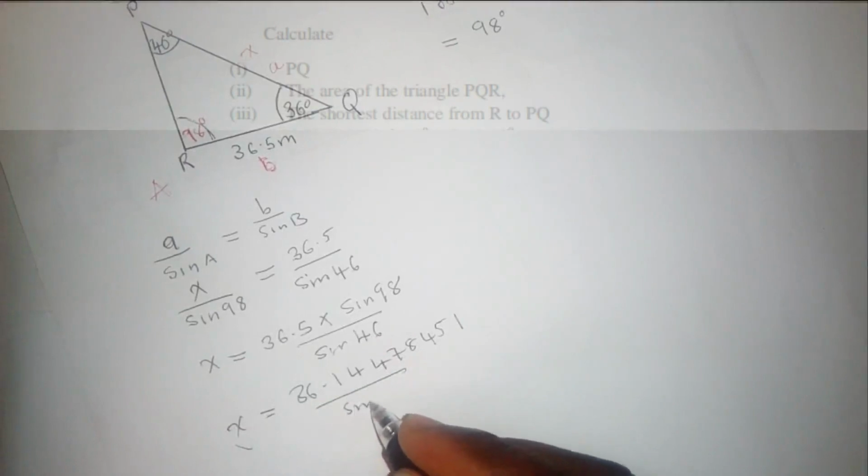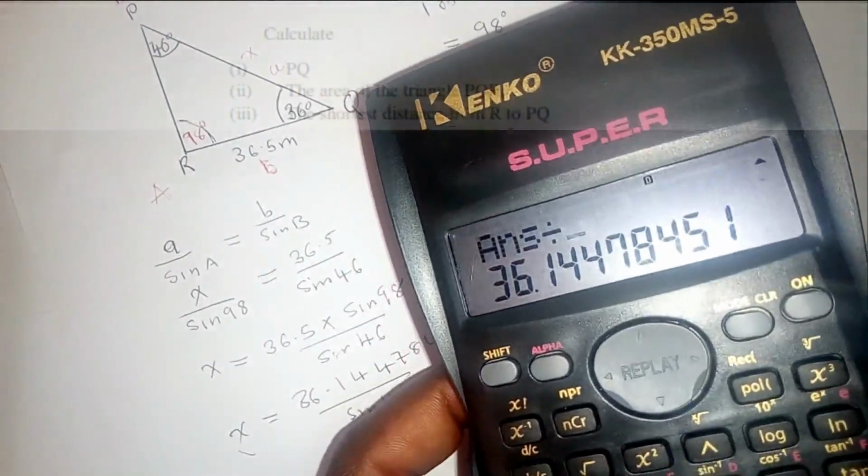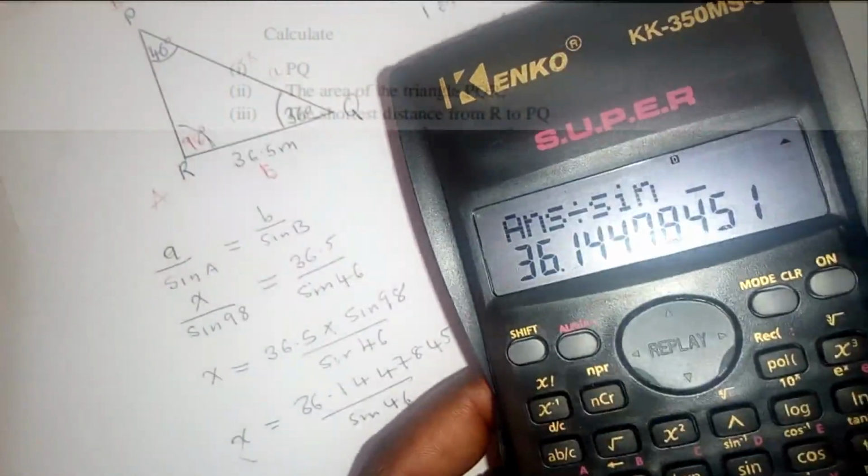You divide by sine 46. So the same answer here, you just say divide by sine 46.